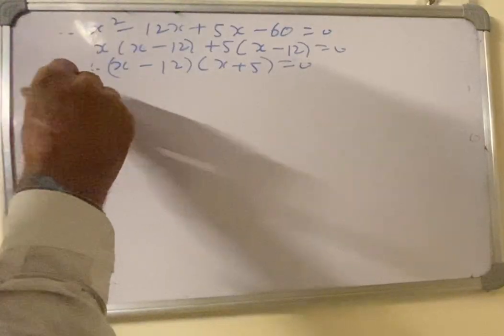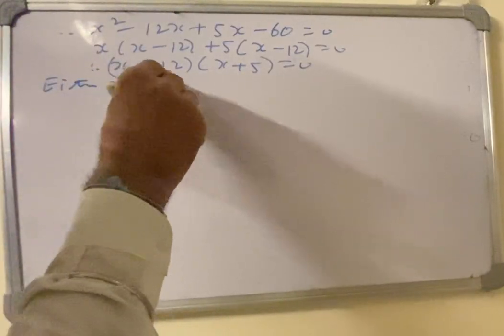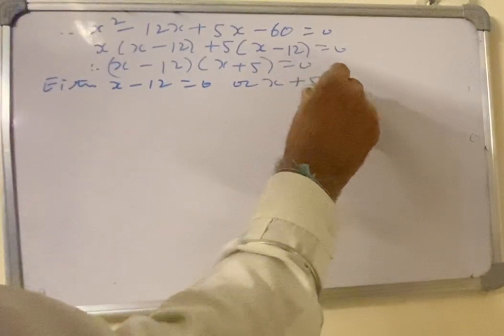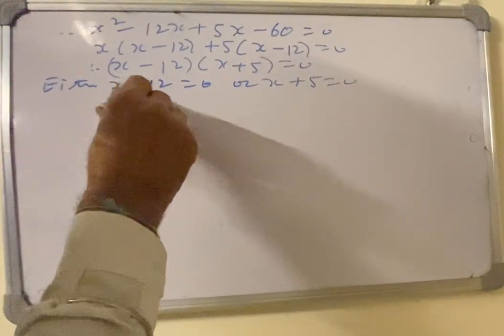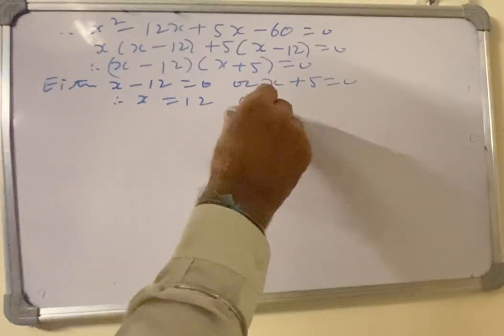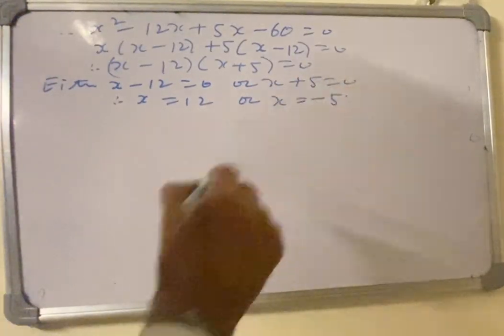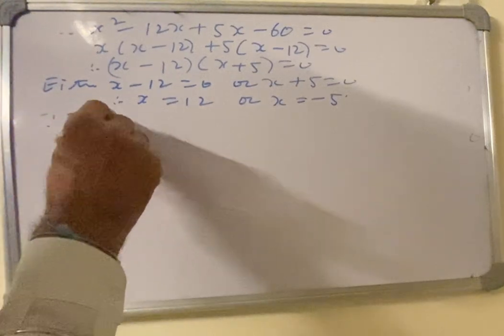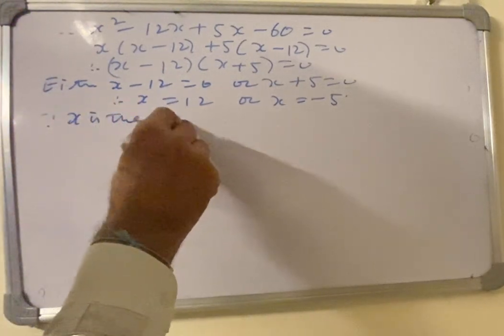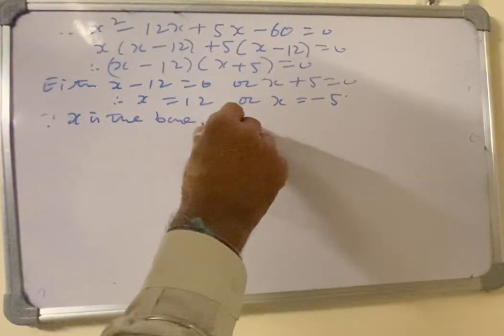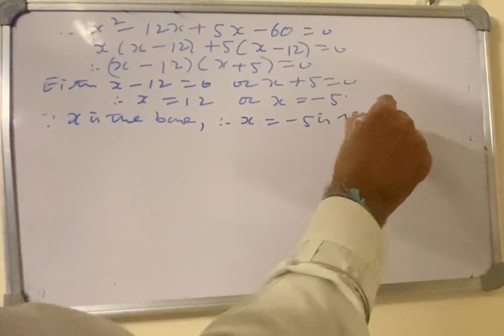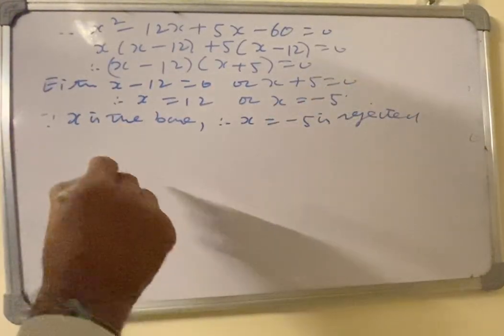Either x minus 12 is 0 or x plus 5 is equal to 0. So x is 12 or x is equal to minus 5. Since x is the base, therefore x equal to minus 5 is rejected because the base cannot be negative.